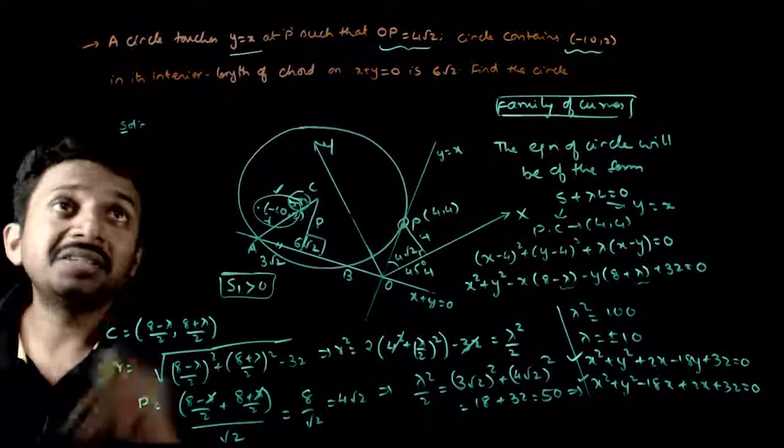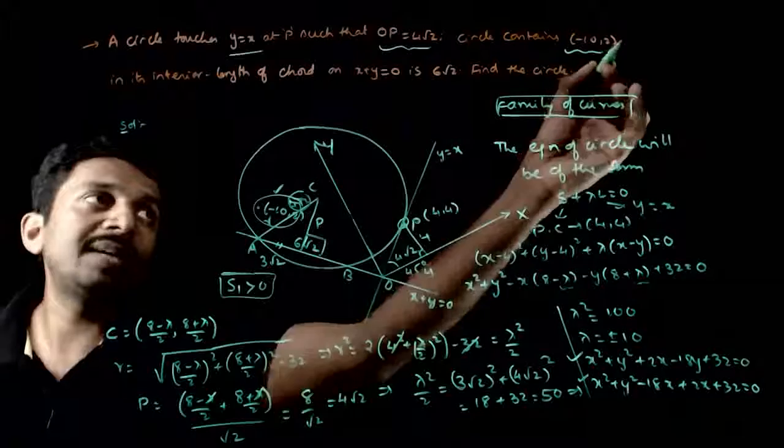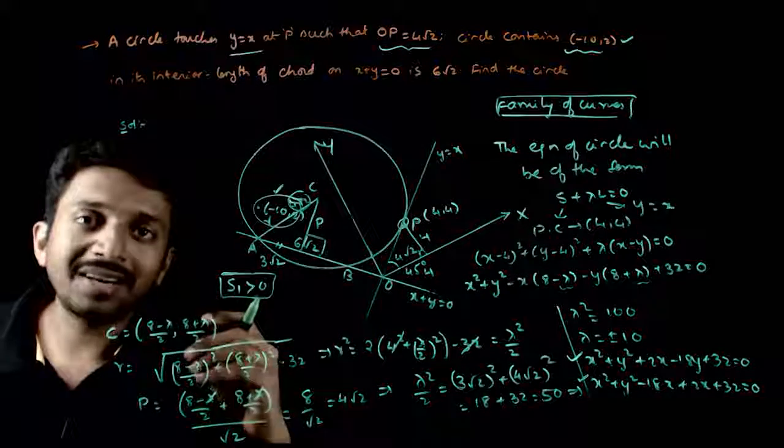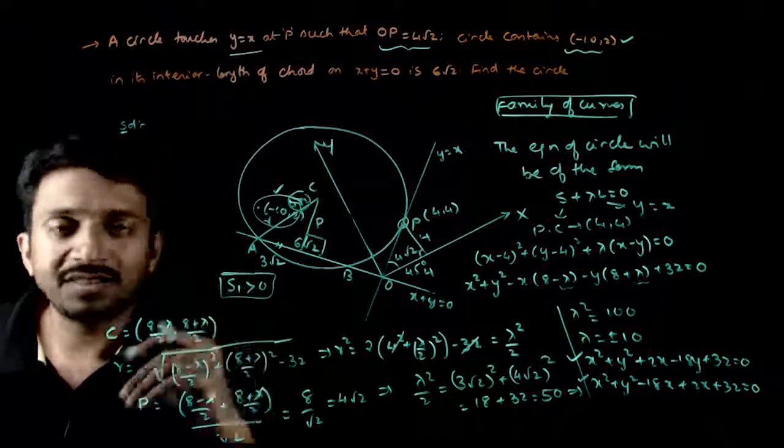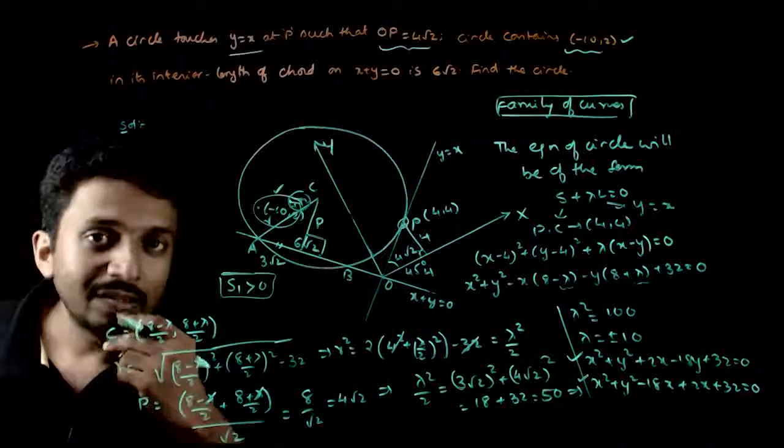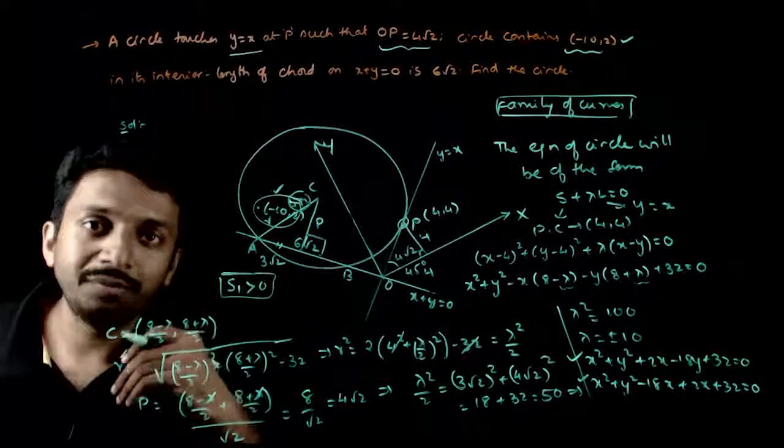So the third condition, which is minus 10 comma 2 lies inside the circle, is not getting satisfied by either of the circles. So what do we do?